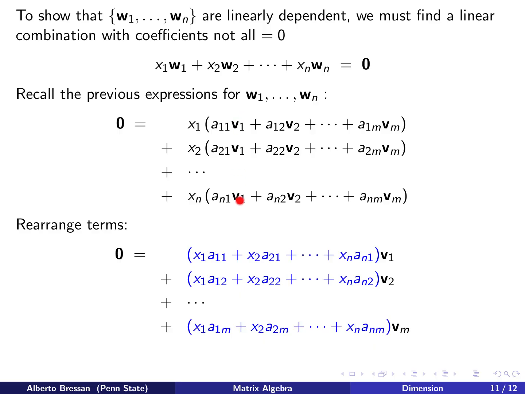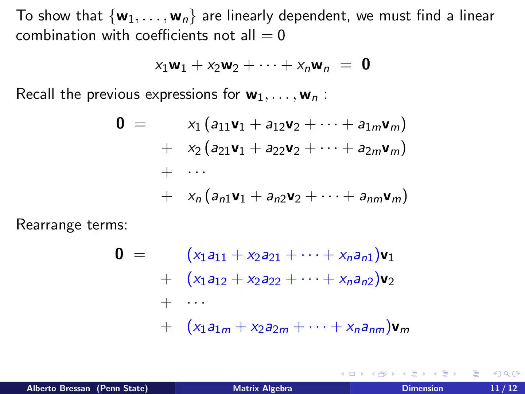So summing up the first column, we'll have a v1 here, and we'll have the summation of all these coefficient products. Okay, and then in the second column, we'll have v2 as a common factor taken out, and then you'll be summing up the coefficients, which will be x1 times a12, x2 times a22, to xn times an2.